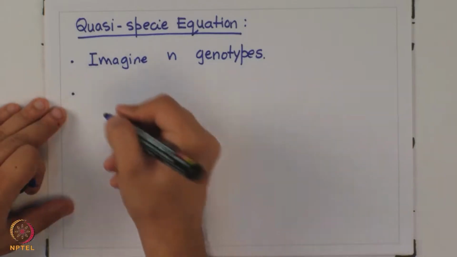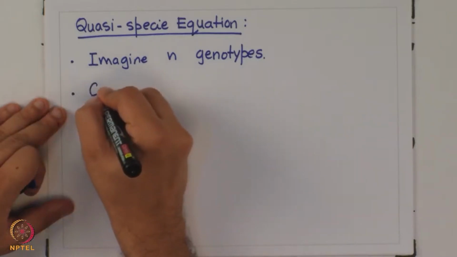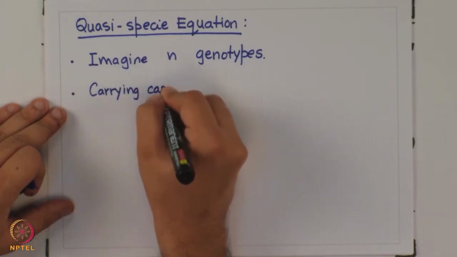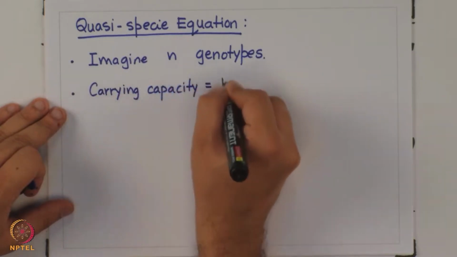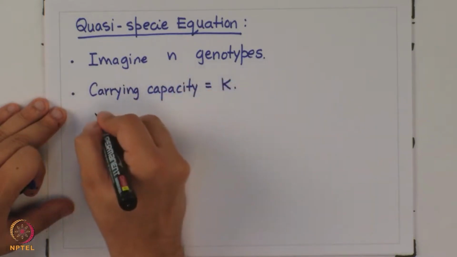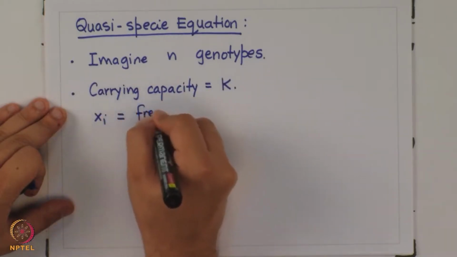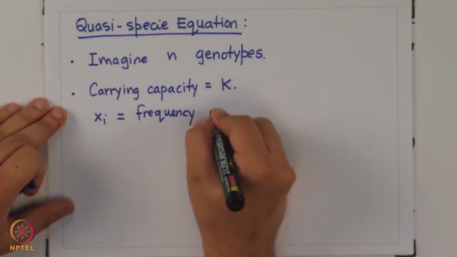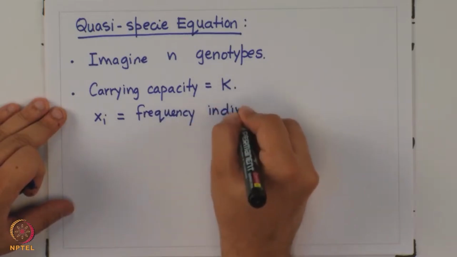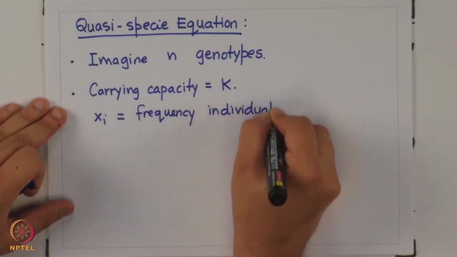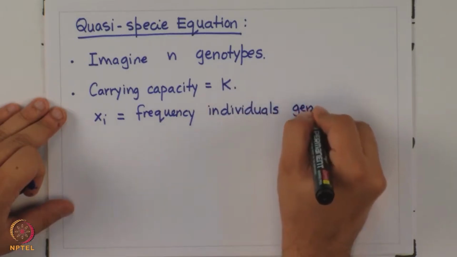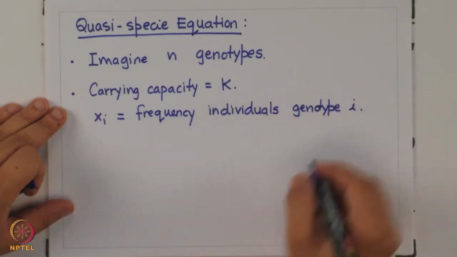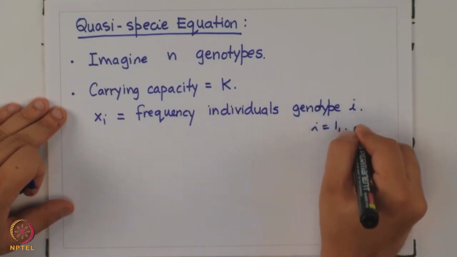This experiment is being done in an environment where the carrying capacity is held constant and is equal to k. And xi represents the frequency associated with individuals belonging to genotype i, and i goes from 1 to n.